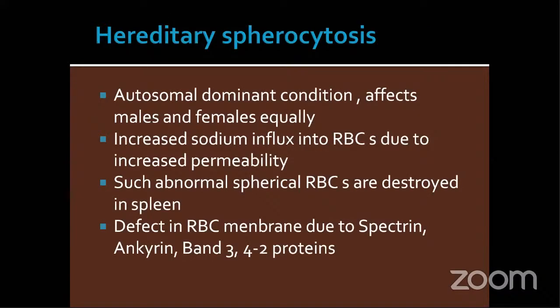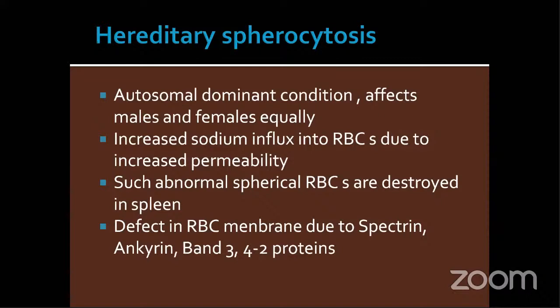Okay, coming to hereditary spherocytosis. This is also one of the most common causes where a patient from the medicine department will be sent to us. So what is it? It is an autosomal dominant condition. It affects males and females equally, whereas ITP affects females most commonly, but here there is equal incidence. What happens?